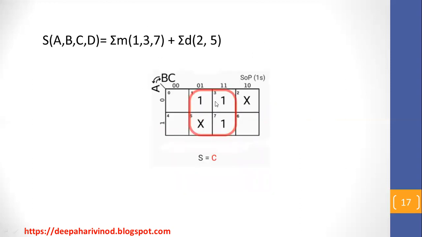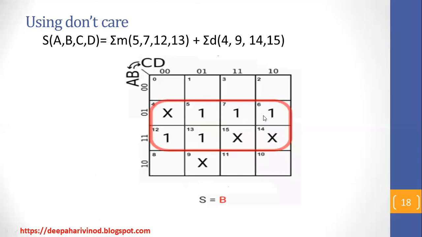So this is the example for don't care. This one is not required, so it is not used. If we consider this don't care, I can make a group of 4 ones together so that my equation reduces to C. Using don't care conditions, one more.